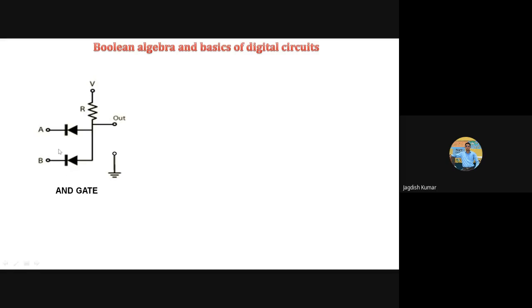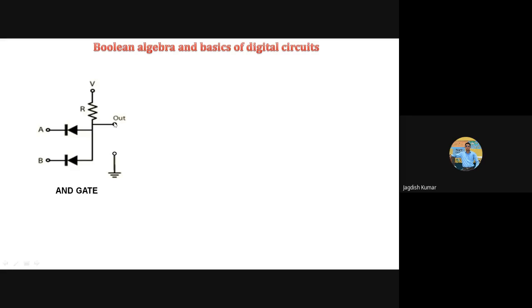Now you will say, okay, what will happen to this diode? Here the voltage is high, and here the voltage is low. This means this diode is reverse biased because the N junction is at high and the P junction is at low. So this is reverse bias, so there is no flow of current through this diode. Only this diode will be in saturation state and there will be flow of current, and hence the output here will be low.